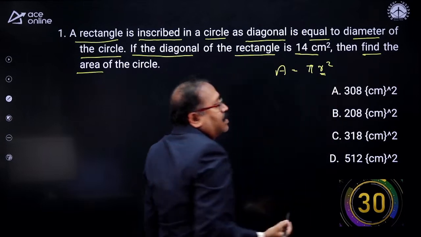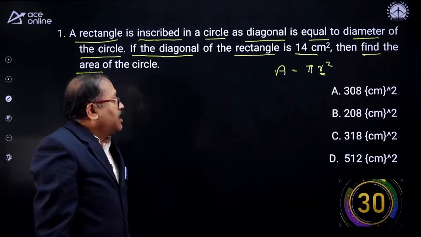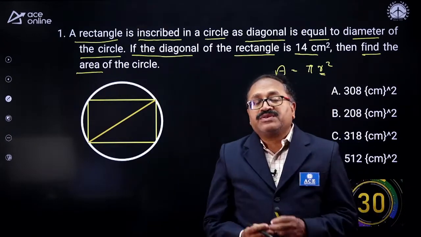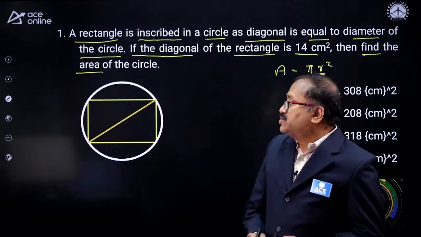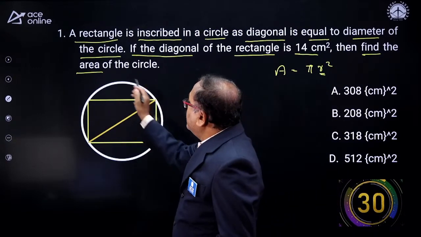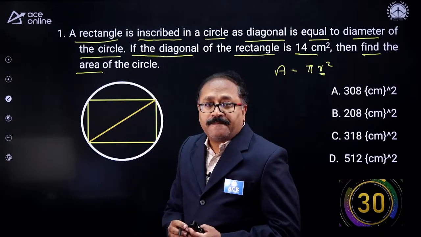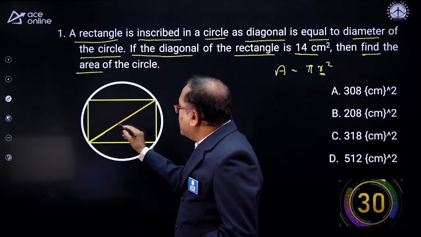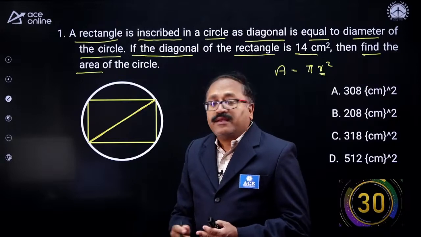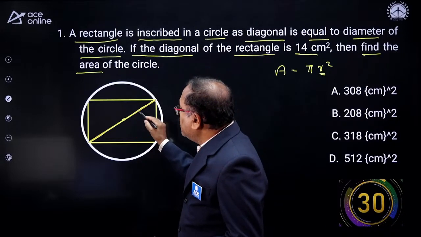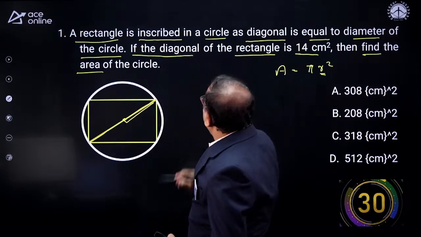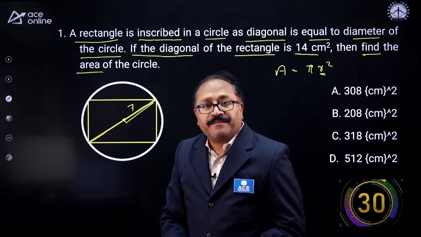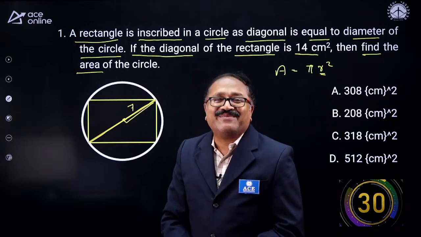Once I get the r, I will be able to get the answer. For your support, I give the figure here. One question from mensuration comes in banking exams also. A rectangle is inscribed in a circle, and this diagonal is also the diameter, and from here to here it's a radius. The total is given as 14, so the radius will be 7. You are asked to find the area of the circle.